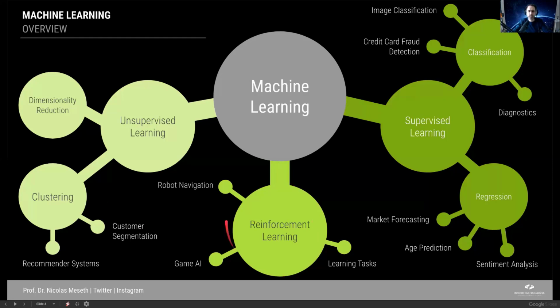And then the field of reinforcement learning is a little bit special. It is kind of supervised, but instead of giving a set of right answers, we have an environment where the machine can act, and it will get feedback from the environment about how good or how useful its action was.